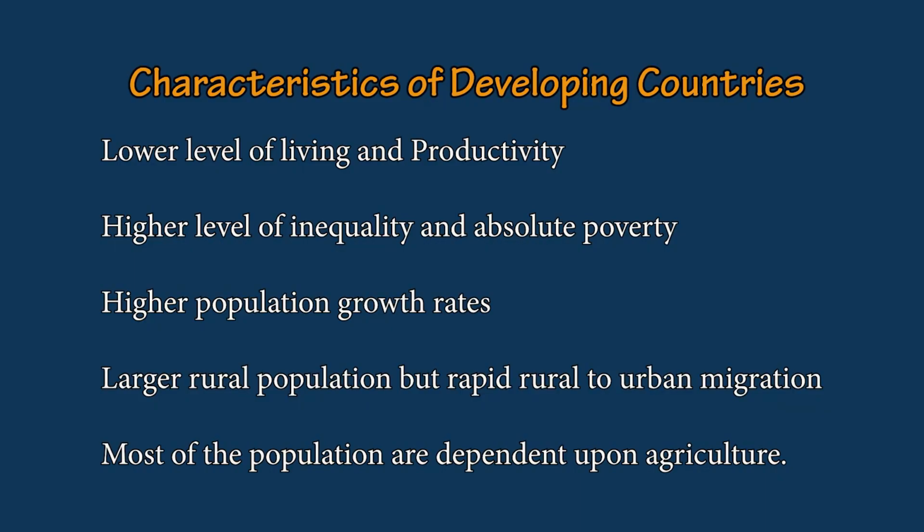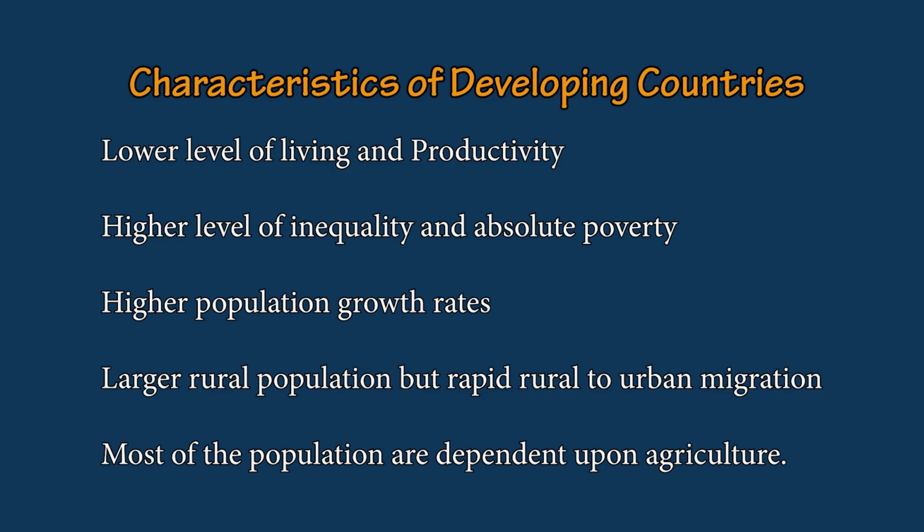So Asia you have already seen, there are various developing countries in Asia. For instance, India is still a developing country. Here I would like to talk briefly about the characteristics of developing countries. We know that per capita GDP would be quite low, with a lower level of living and productivity, higher inequality and absolute poverty.